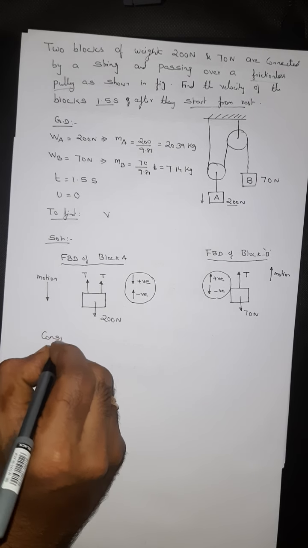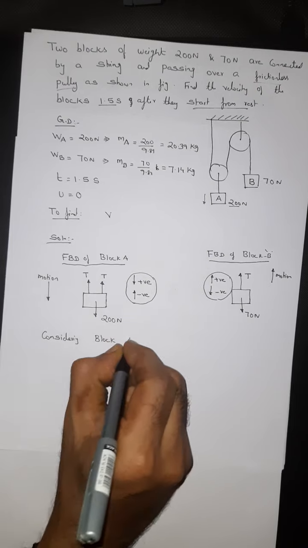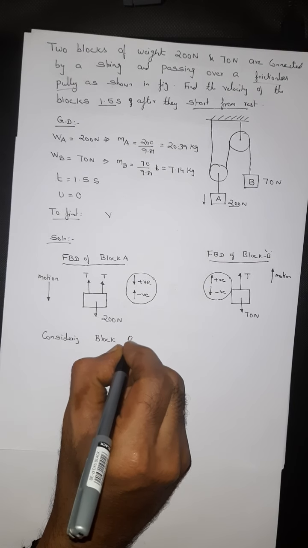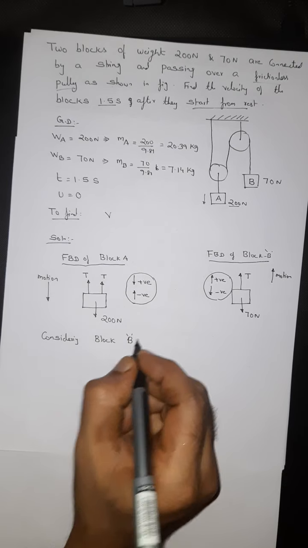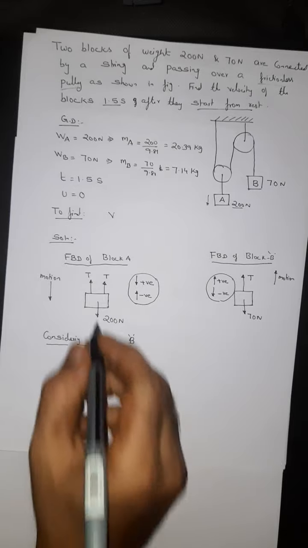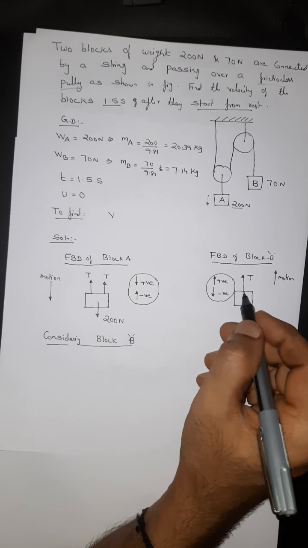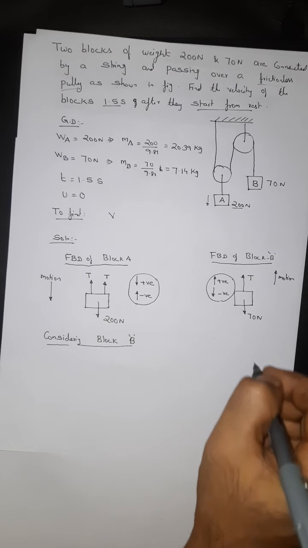Considering block B first. The unknown is 1. Here as well the unknown is 1. So let me just start with block B. Here motion is vertical movement.